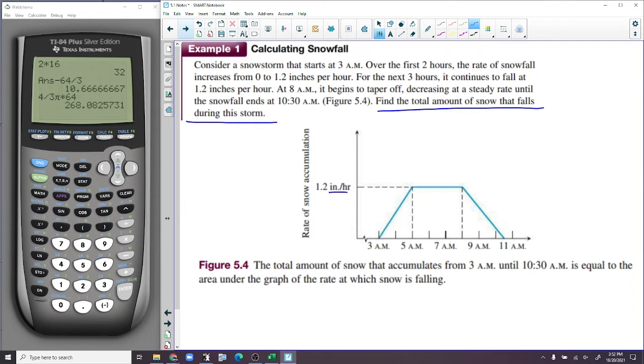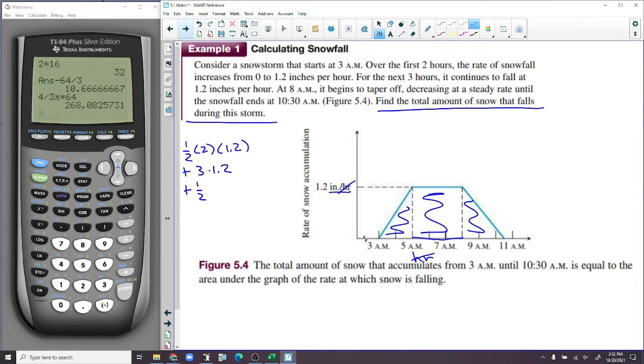Well, if we have inches per hour and we multiply by hours, those cancel out and we're left with inches. So we want to find the area under the curve. We have a triangle to start out with, 1/2 times 2 times 1.2. Then we have a rectangle, 3 by 1.2.